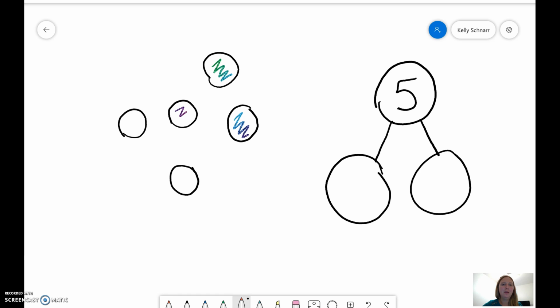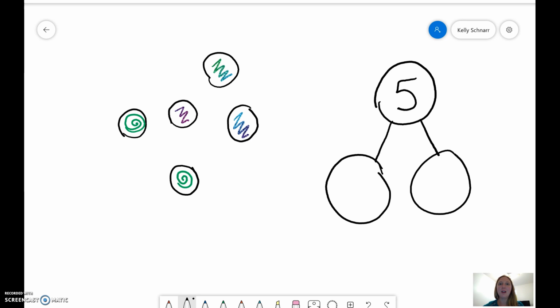Rainbow. Some of them were just green swirls. All right. I still have 5 balls, but they're not all the same. I have 2 different kinds of balls. How could I show this in my number bond?